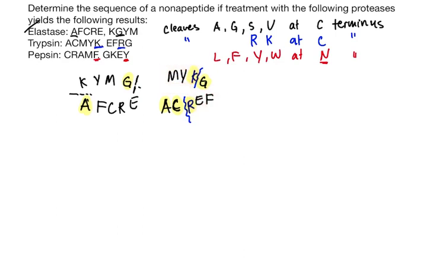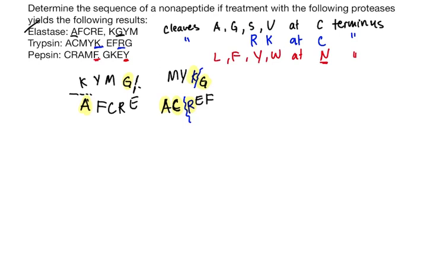Those are the 4 amino acids that we don't know where to put. Notice that this is clockwise direction. So now we already know those 5 amino acids. Let's take a look at pepsin to finalize the positions of M, Y, and E, F.